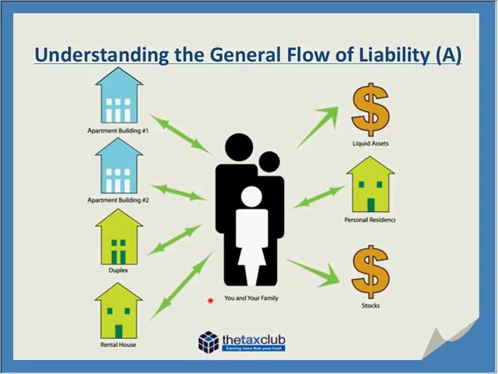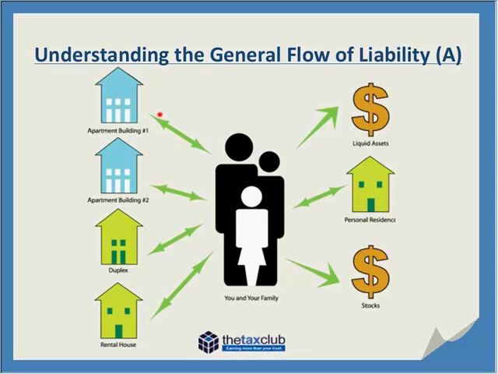Another direction that liability can arise from is, of course, the rental properties or the businesses. If someone was to slip and fall on one of the rental properties, then the person who's injured has the right to sue the owner, and, you can tell from here, there's no separation.